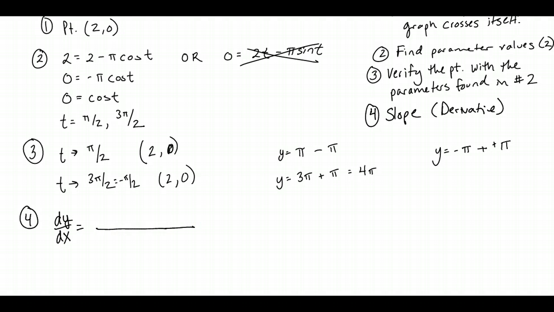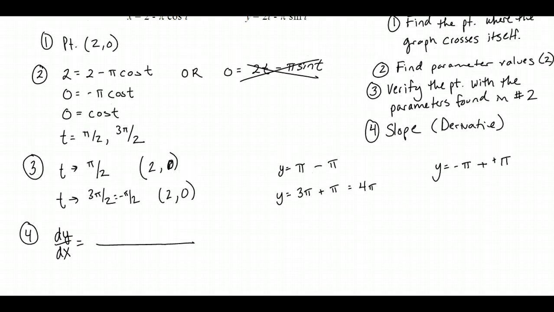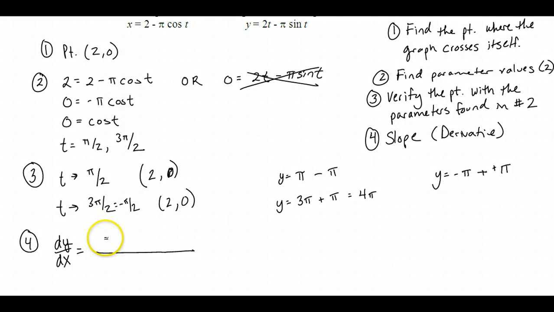Your change in y, if you scroll up to see it, will give me 2 minus, keep the pi, that's a constant, derivative of sine is cosine t. Divided by our change in x, the derivative of 2 is 0, minus, keep our pi, the derivative of cosine is a negative sine, so that becomes a positive sine t.